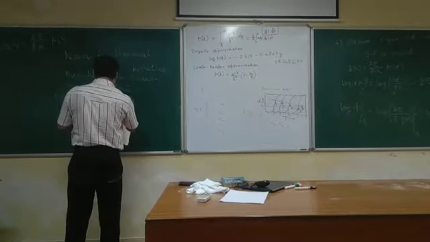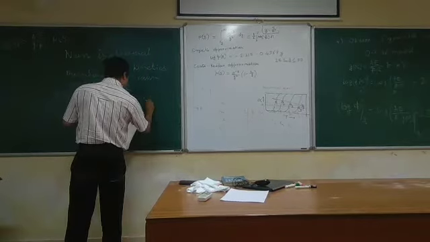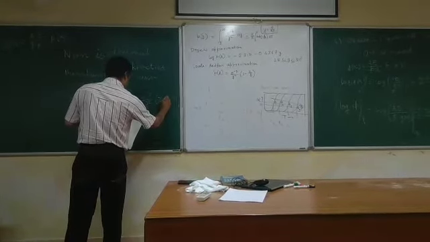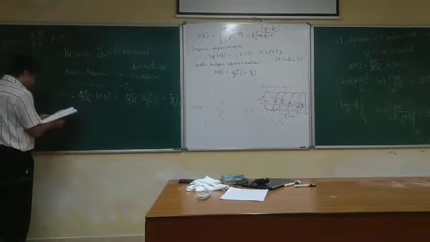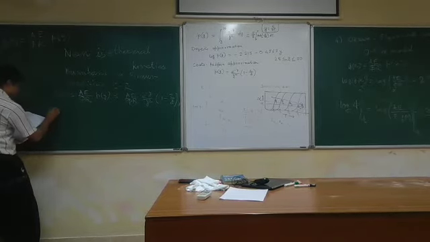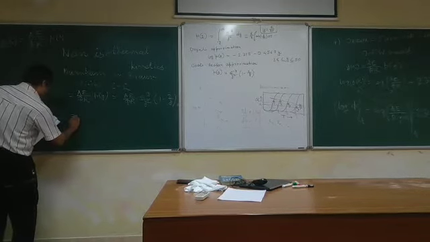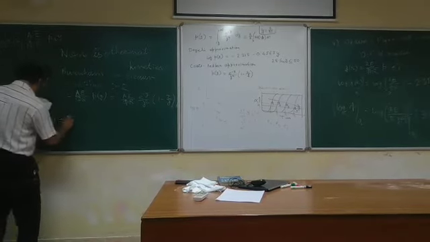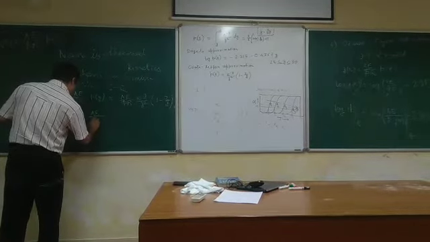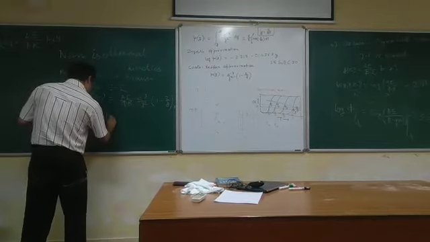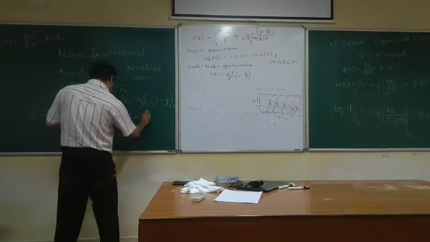So AE over phi R e to the power minus y over y square times 1 minus 2 over y, and from there they put E over RT to find that ln of G alpha over T square equals ln of AR over phi E times 1 minus 2RT over E, minus E over RT.